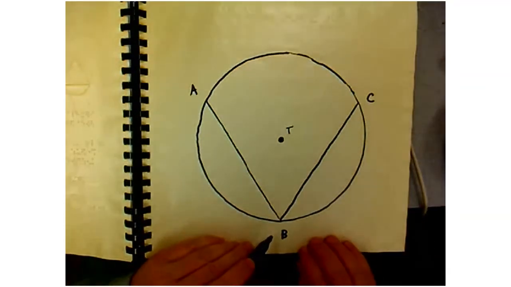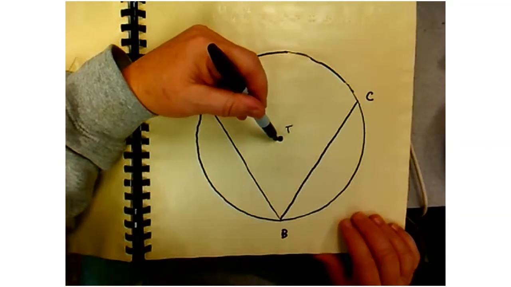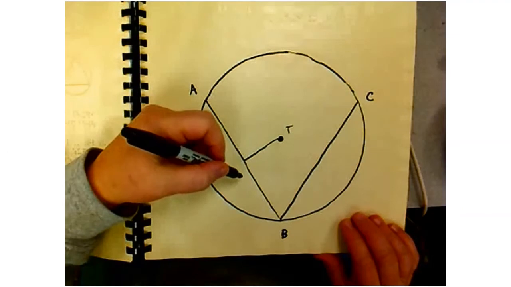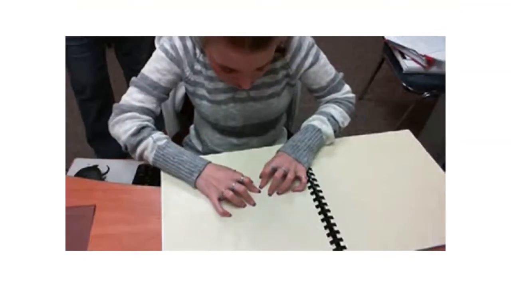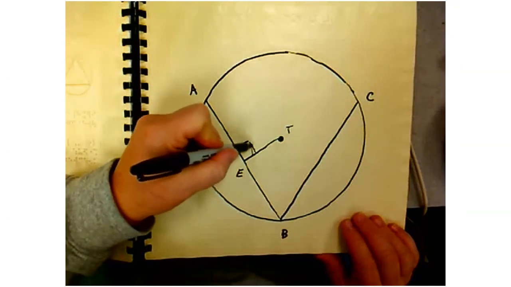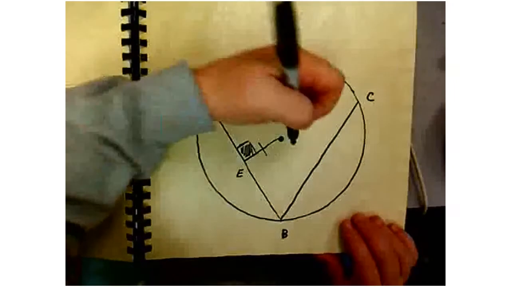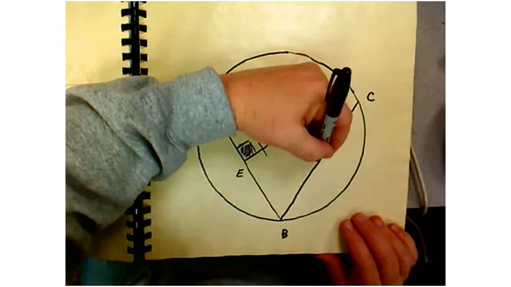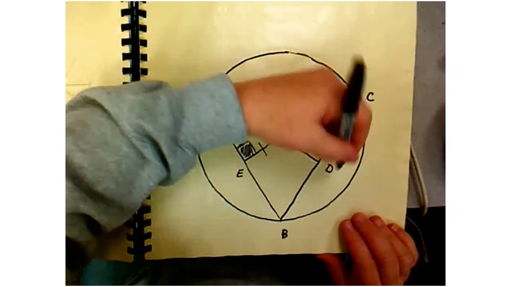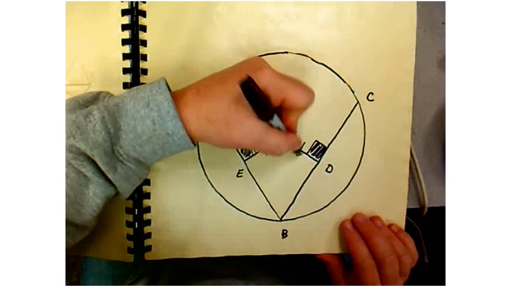From the center are 2 segments, one to the left, going to intersection point E. It has a right angle indicator and a tick mark. And then on the right, from point T to our chord CB, it intersects at D. It has a right angle indicator and a tick mark.